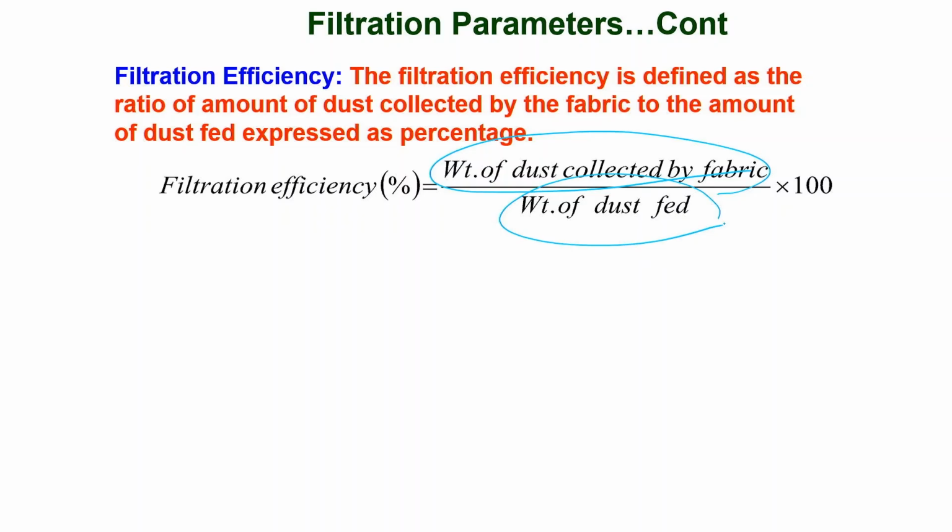We have kept a filter paper to protect the vacuum pump. So, the dust on the fabric plus the dust on the paper should be equal to the dust fed.